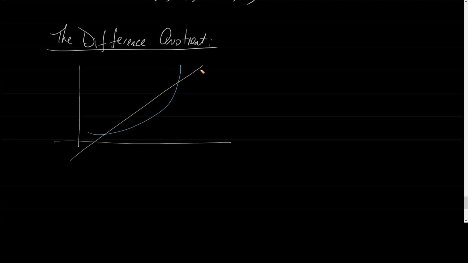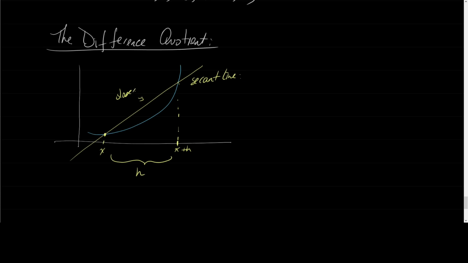This yellow line is called a secant line. Let's say that they intersect each other at some x value, and over here, after some distance h, this value will be x plus h. Let's look at the slope of this line.